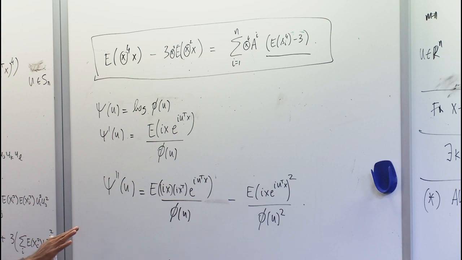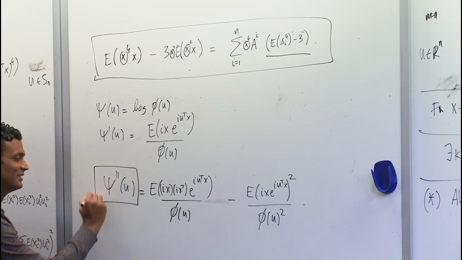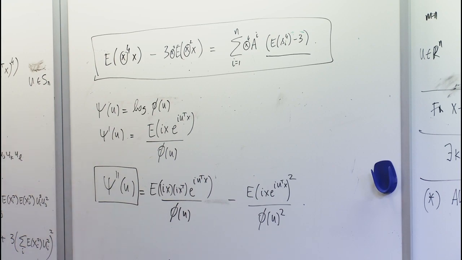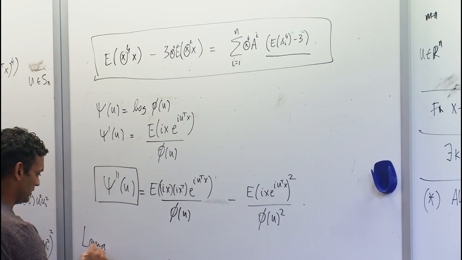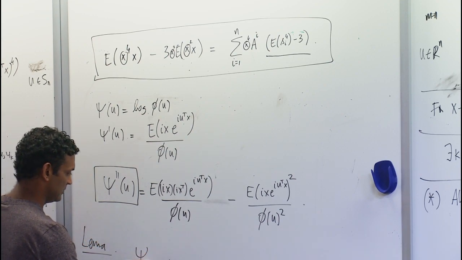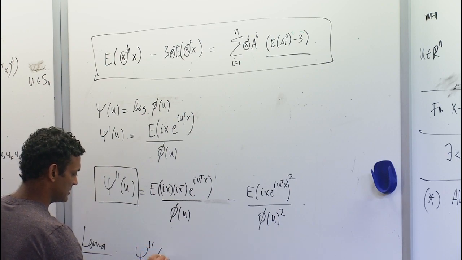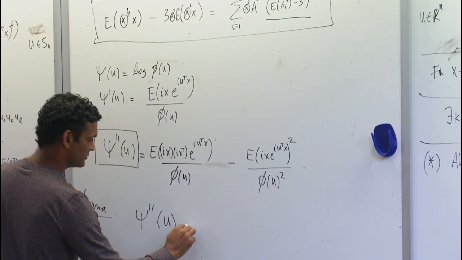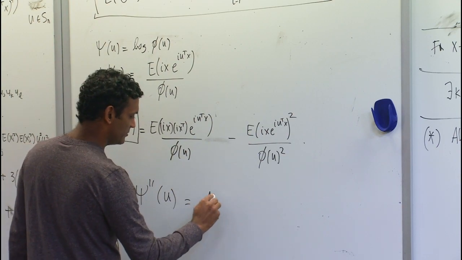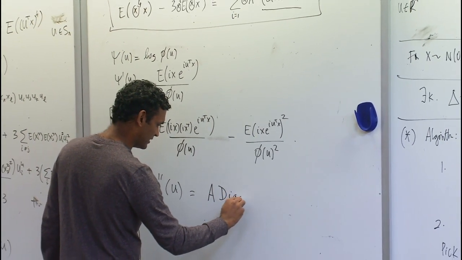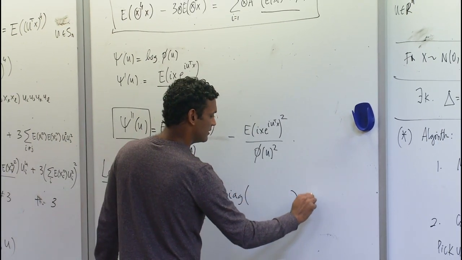So all I've shown so far is that what we're computing is the Hessian of this second characteristic function. But why should this give us what we want? So that's the next equation, which is again also very simple. The lemma is that this covariance matrix is equal to A times a diagonal matrix, which I'll specify in a second, times A transpose.